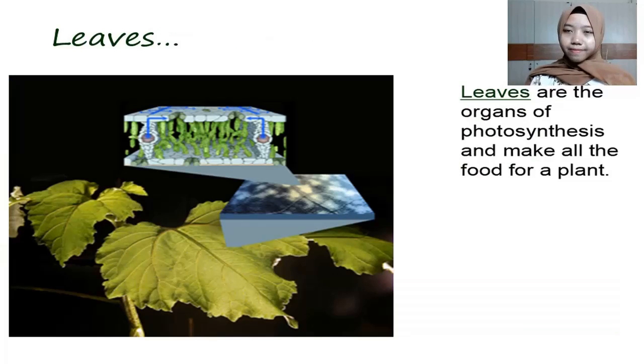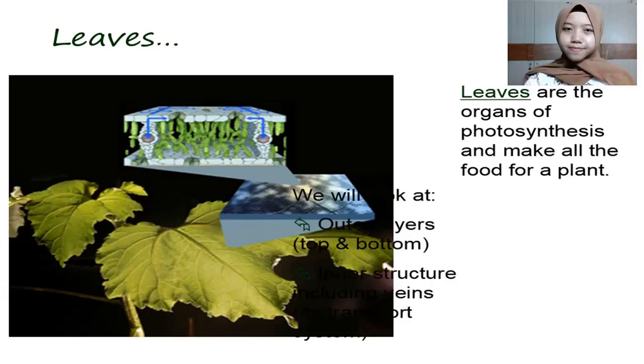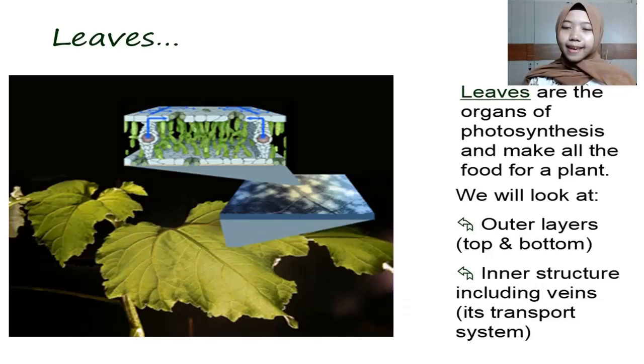Leaves. Leaves are the organs of photosynthesis and make all the food for a plant. We will look at outer layers, top and bottom, and inner structure including veins, its transport system.